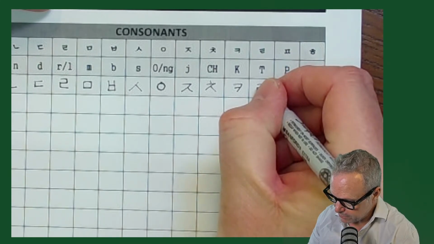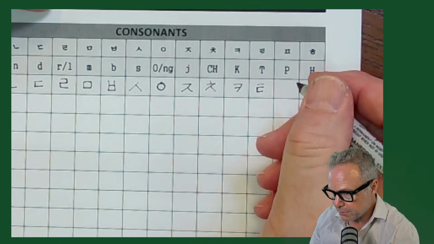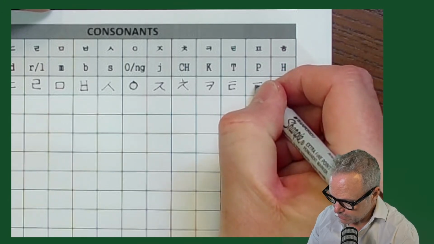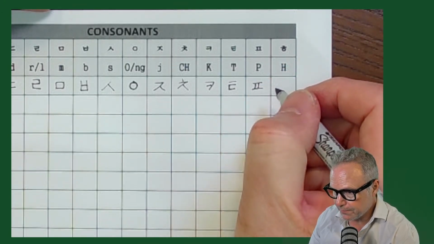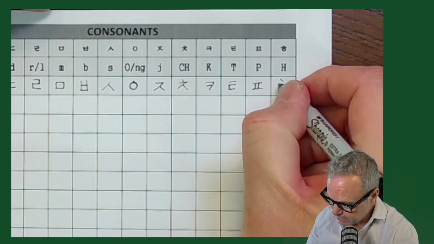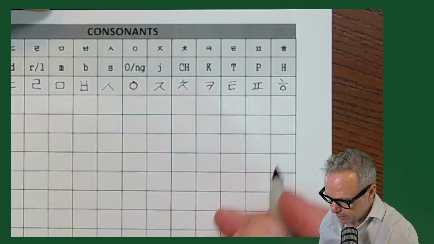Straight across, down and over, 3 strokes. Straight across, 2, 3, 4 strokes. 1 stroke for the hat. Across. Same way just like we did the Ian.